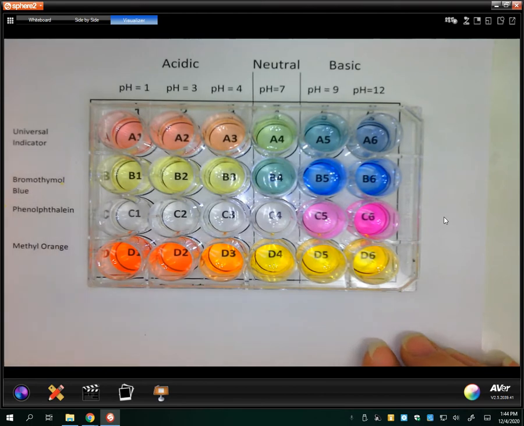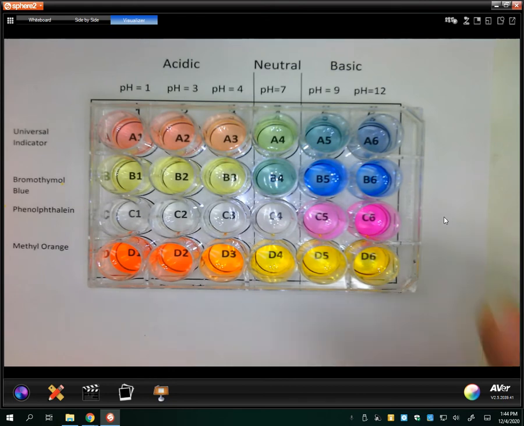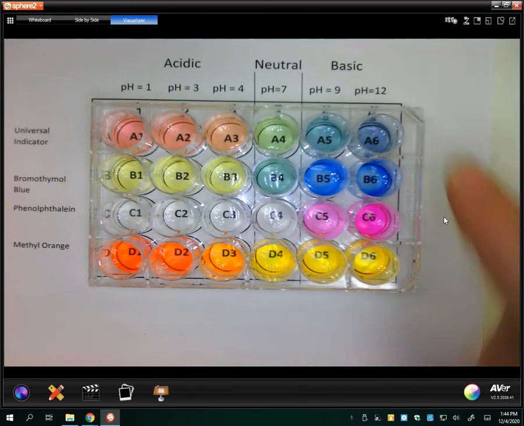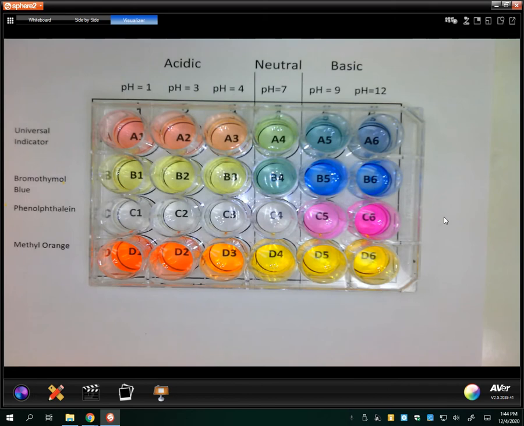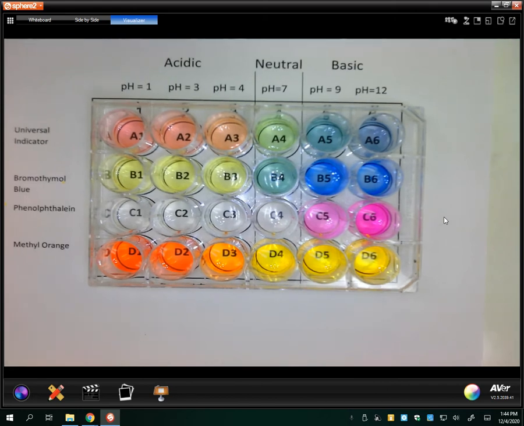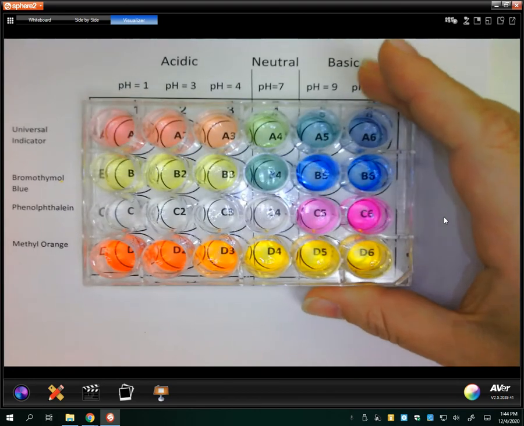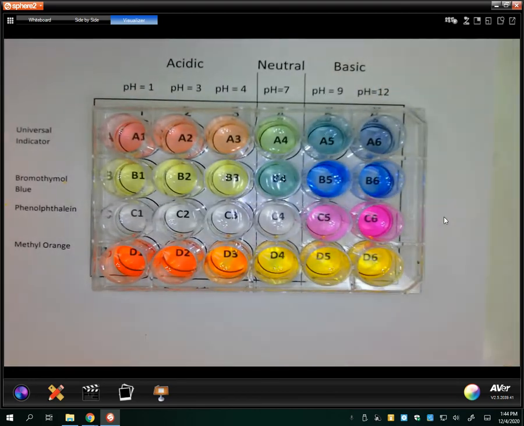So if you just needed to know the pH and you had no idea whether it was an acid or a base, and you had access to the universal indicator, that would be a good one to use. As long as you had some sort of scale to go by, you could figure out what the pH is. But this just makes a very beautiful little set of solutions there.